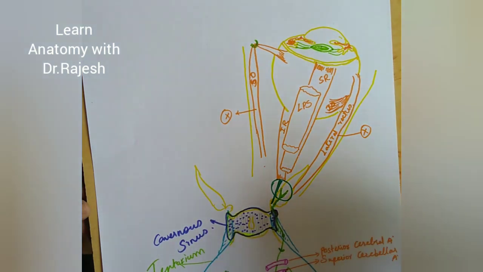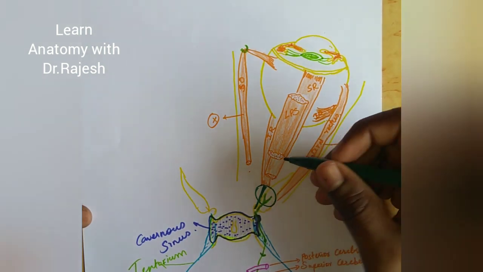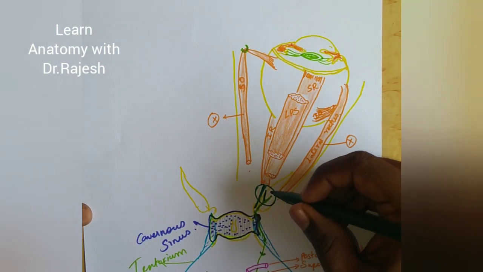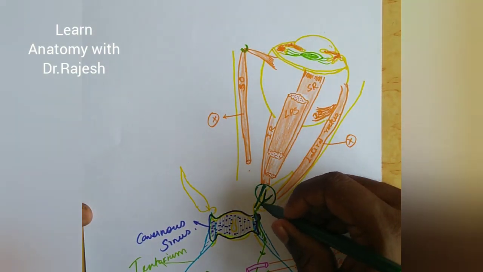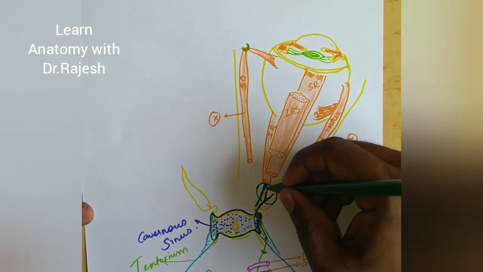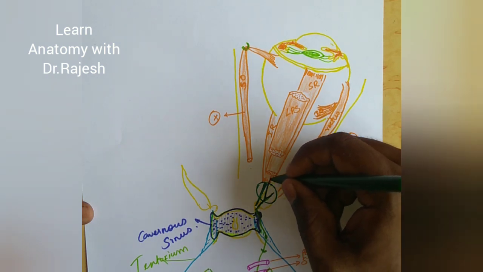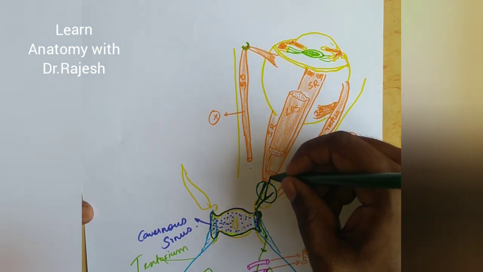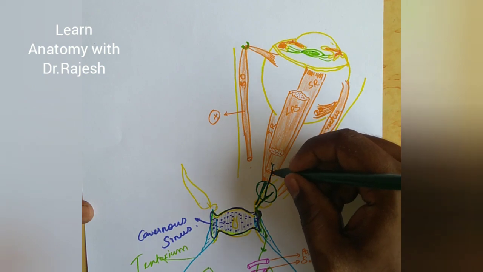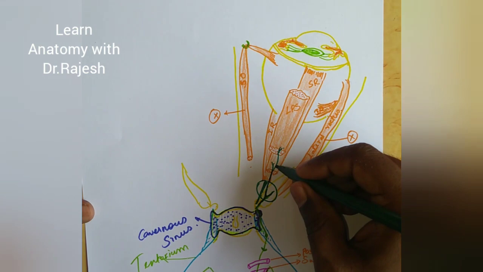We will study how it supplies. So this is the superior ramus and this is the inferior ramus. Superior ramus we will represent with green color. The superior ramus will pass through the superior orbital fissure and it gives branches to the levator palpebrae superioris and the superior rectus.